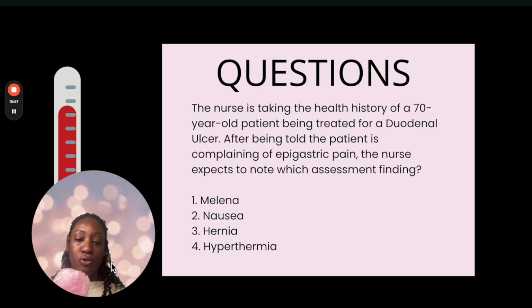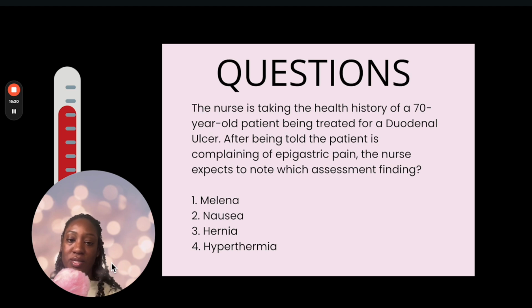4, hypothermia. So I'm going to give you a few moments, and I want you to really read the question, and if you have to read it over again, think about the question. Again, remember I said eliminate what's definitely not it. This will help you narrow it down. So just cross it out on your paper, in your mind, whatever you have to do.